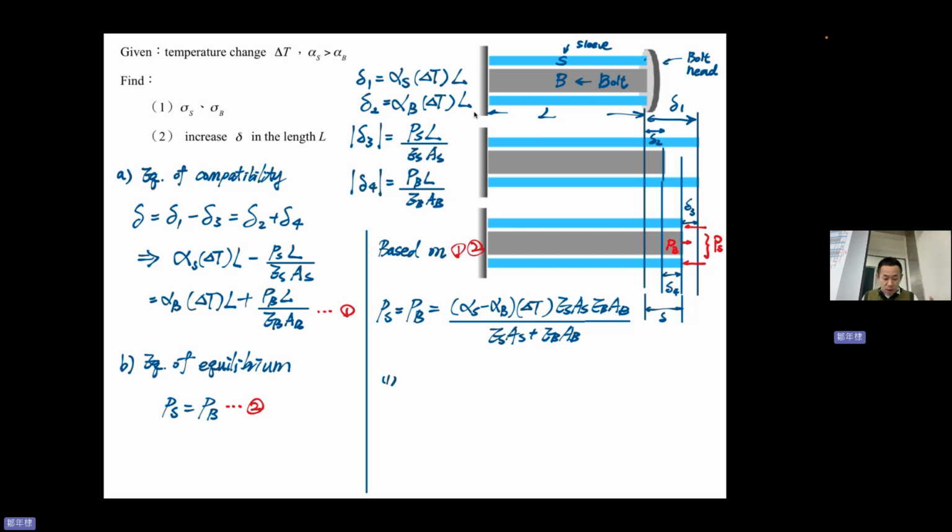Sigma S and sigma B. Sigma S, easy. Sigma S equal to PS divided by AS. Sigma B equal to PB divided by AB.